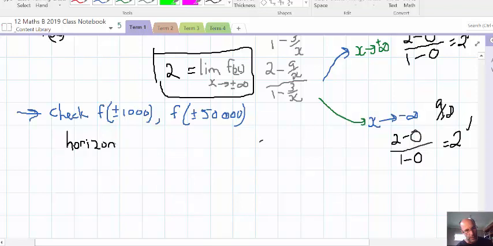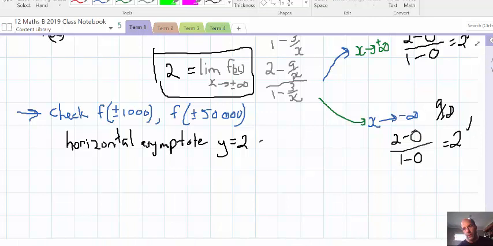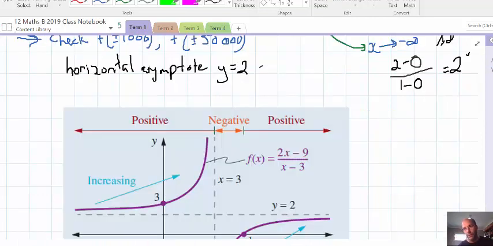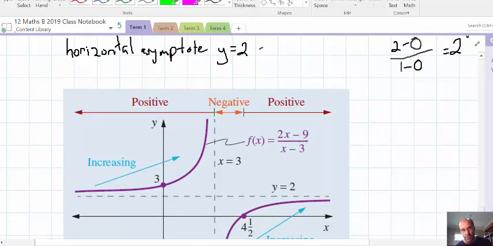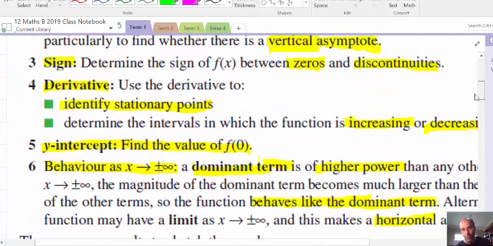That means the f(x) value, or the y value, is approaching 2, so there is a horizontal asymptote at y equals 2, because it's limited there, as we've seen.